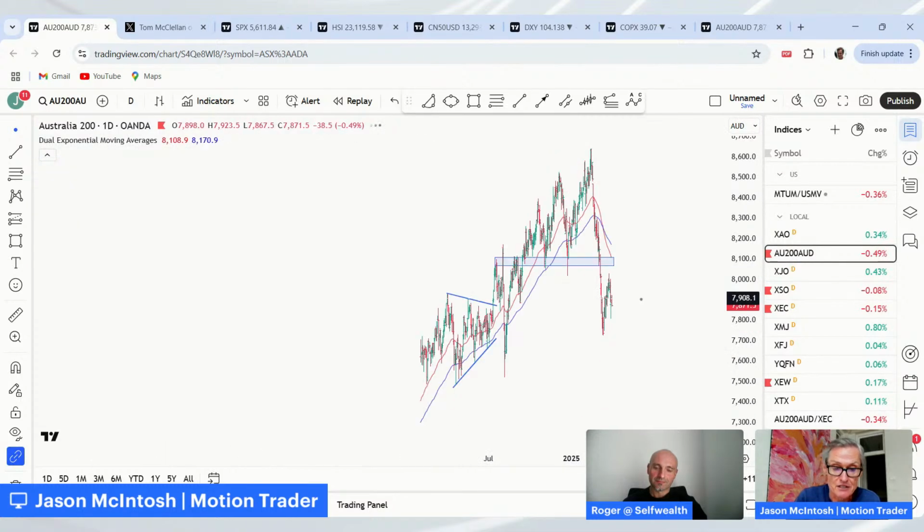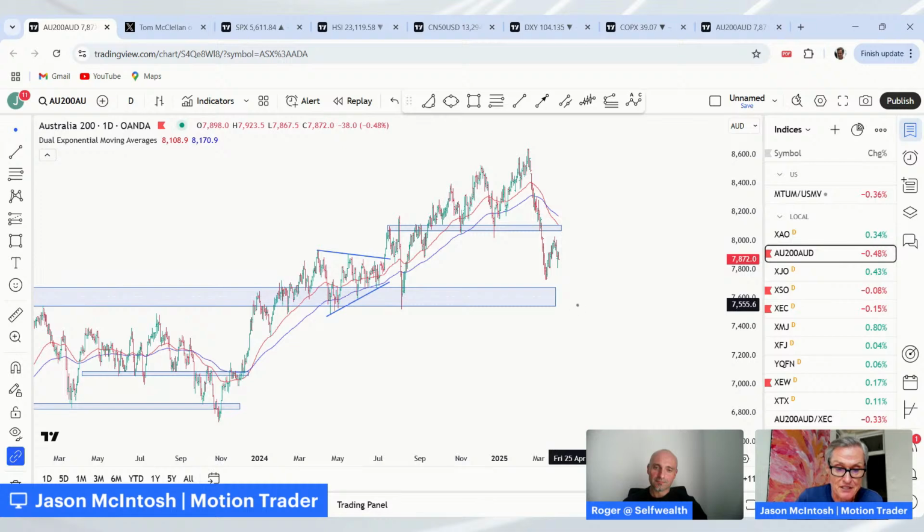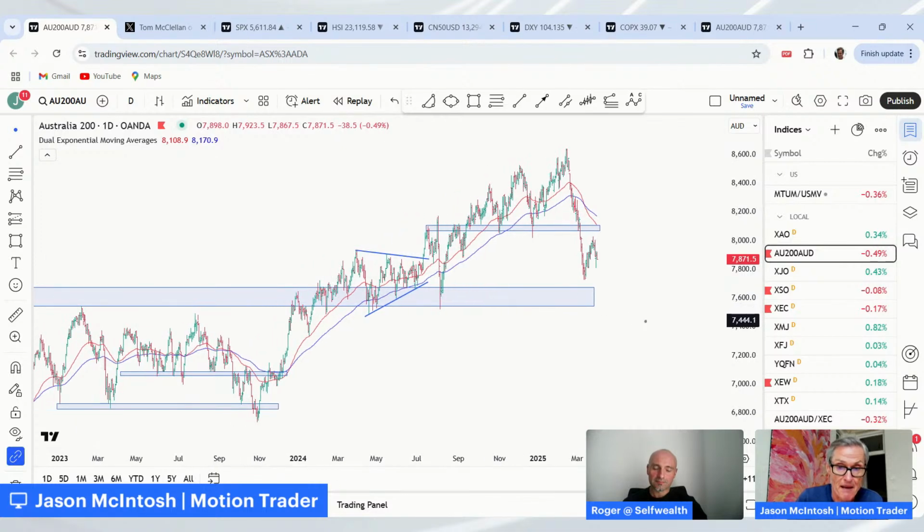So how do you play this? Well, firstly, I think it's about having a plan to follow. And for me, the time to be bullish is when buying when prices are above rising moving averages, that's going to be part of my plan. And then when prices are declining below moving averages, well, that's when my plan will move me to a defensive position.